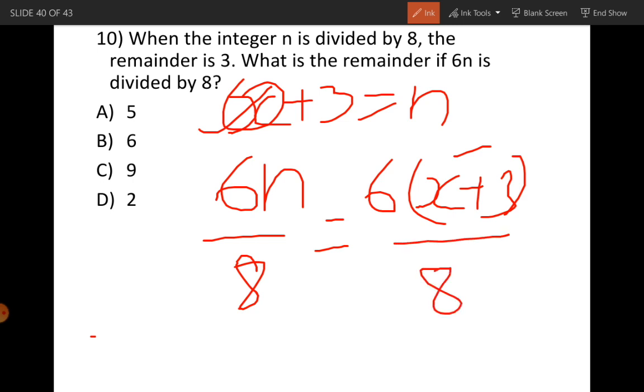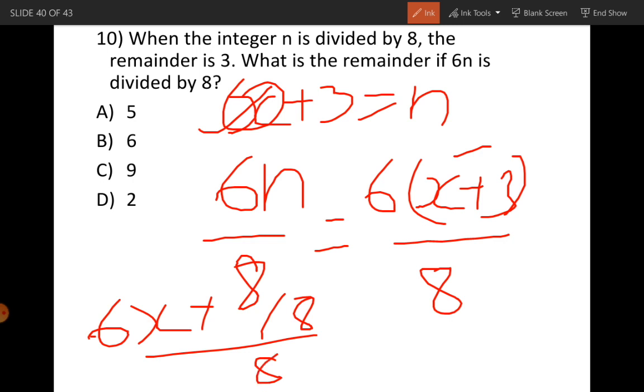So next is 6x plus 6 times 3, which is 18, divided by 8. Here, if x is divisible by 8, then 6x is also divisible by 8, so there is no remainder in this one.